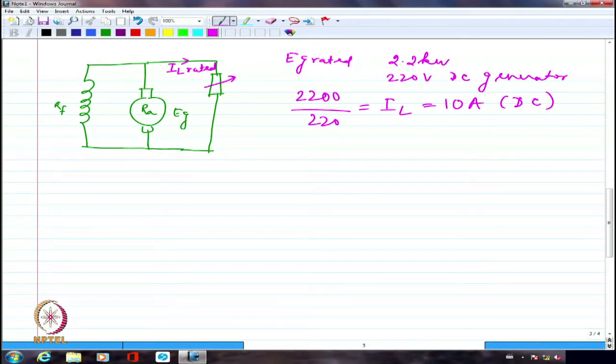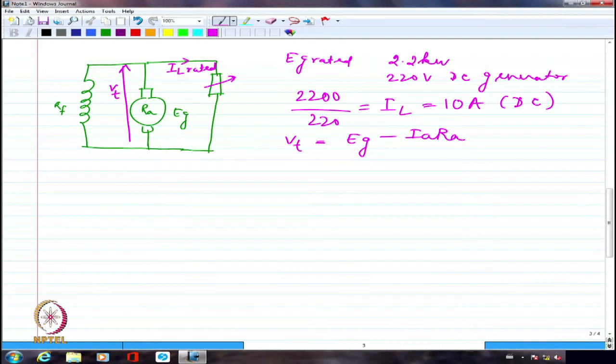So based on this, I should be able to write the equation somewhat like this. If I say this voltage is Vt, I am going to have Vt equal to Eg minus IA-RA. Because internally, whatever is the drop within the armature, devoid of that, whatever is available, that is what comes out as the terminal voltage.